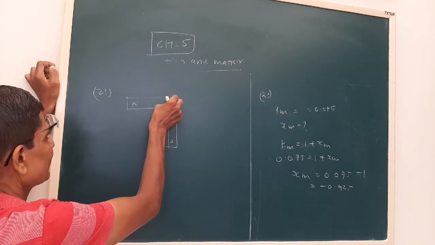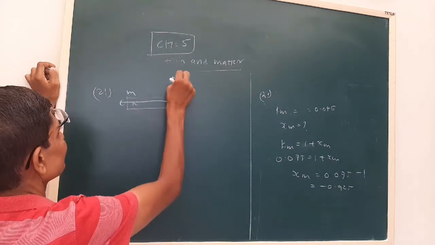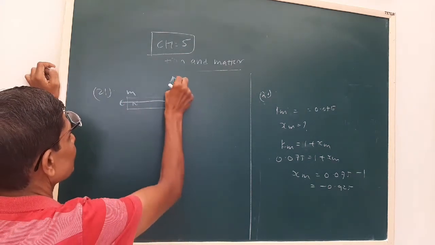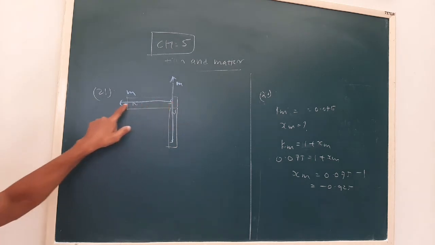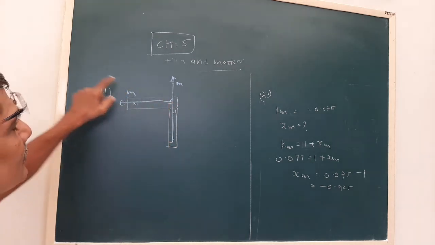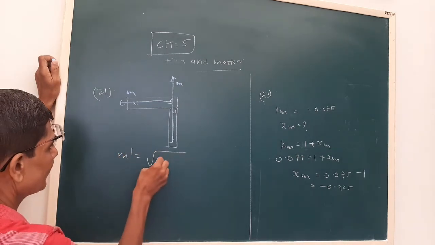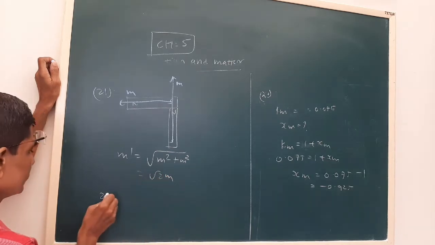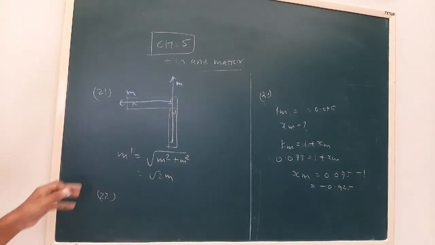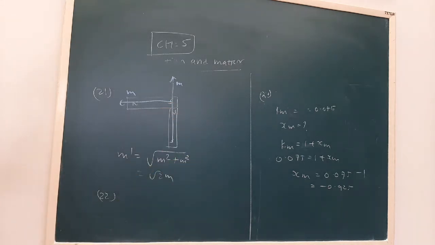The dipole moment is a vector m, from S to N. Here also S to N. Both are at right angles. So m dash is root of m square plus m square, which is root 2 m. So the new resultant dipole moment of the system of bar magnets shown like this is root 2 m.